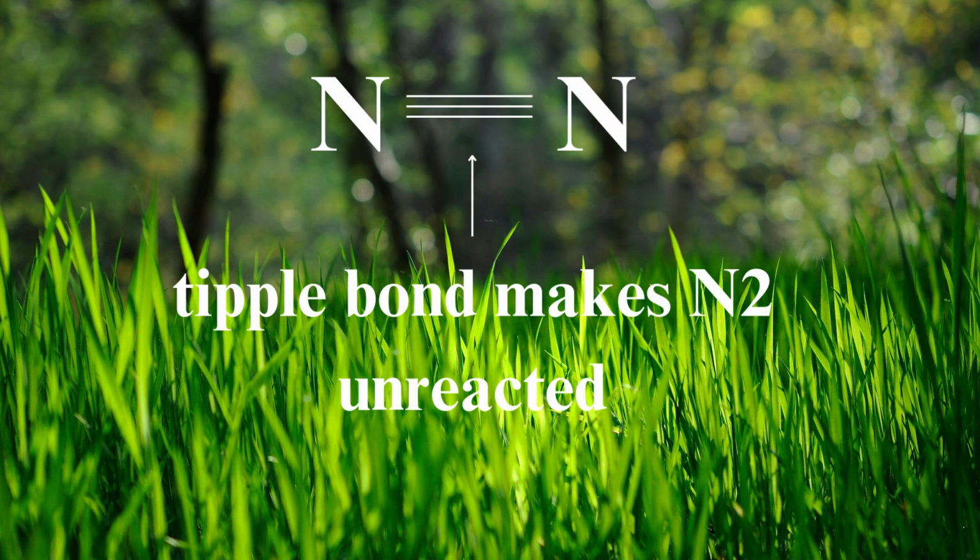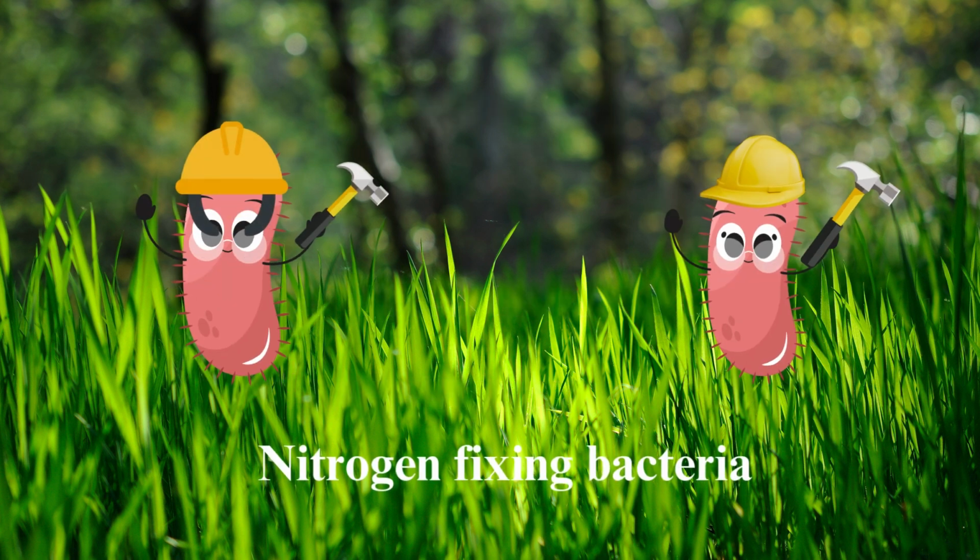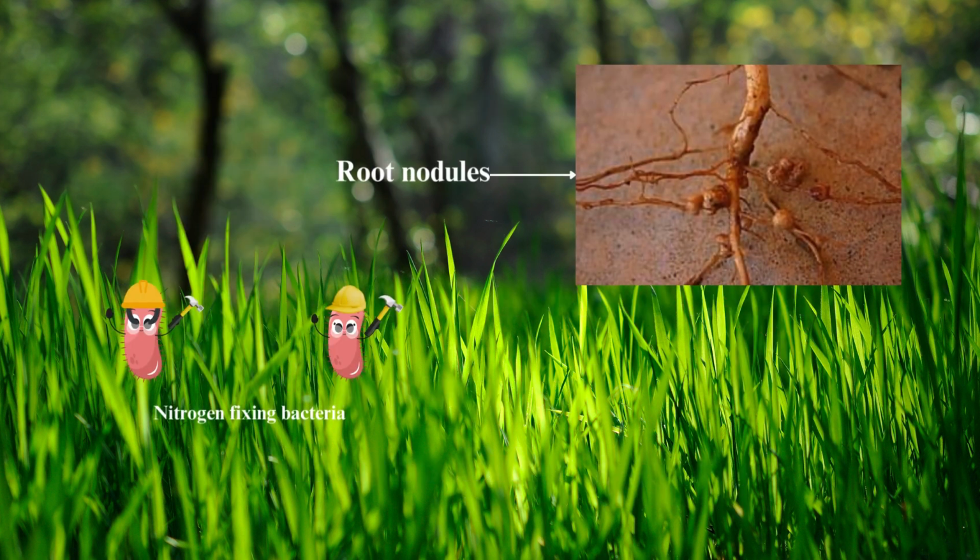Luckily, there are certain bacteria that can break the triple bond of nitrogen gas to make something that organisms can use. These bacteria are called nitrogen fixing bacteria, and they are found in the soil and in root nodules of certain plants known as legumes, as well as a few other places.